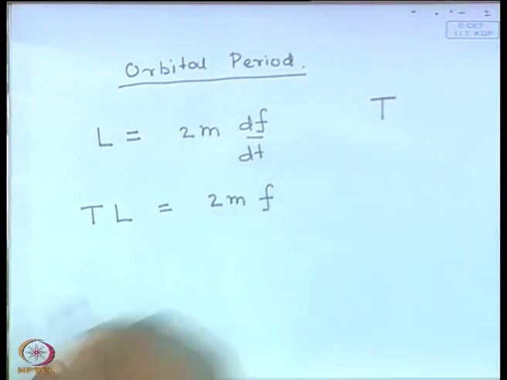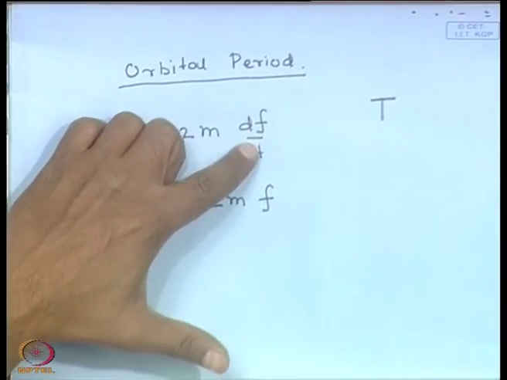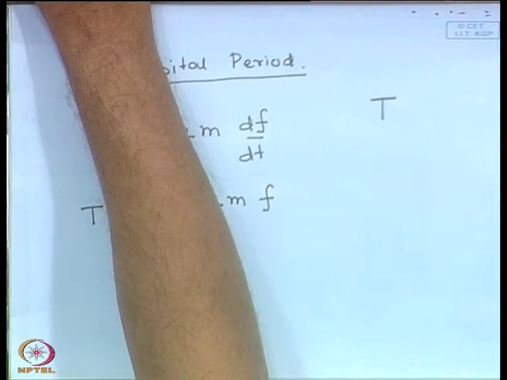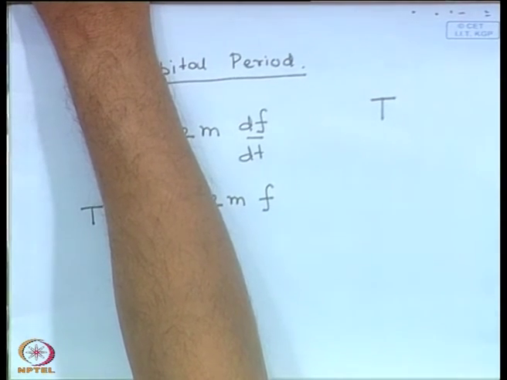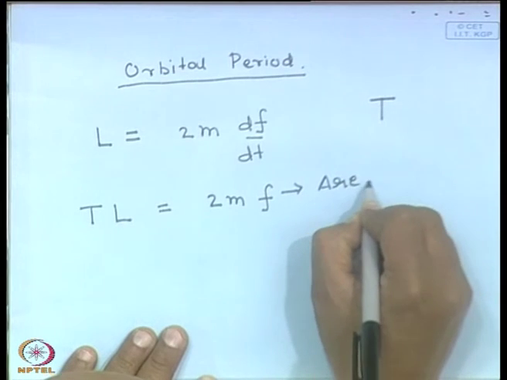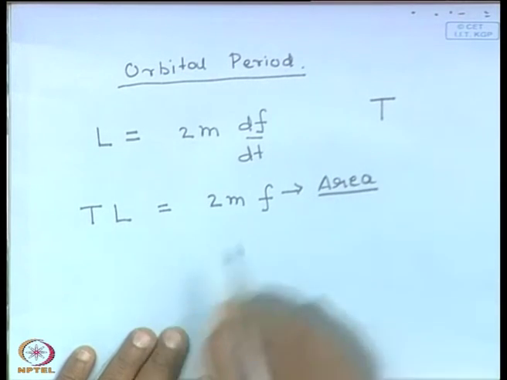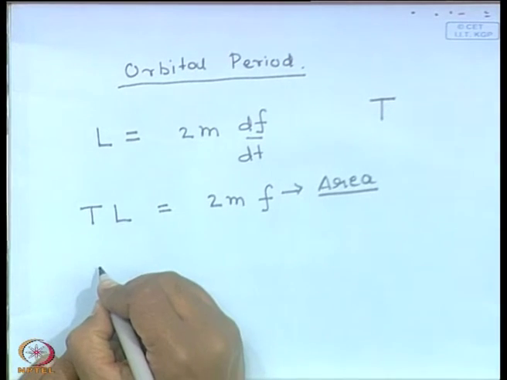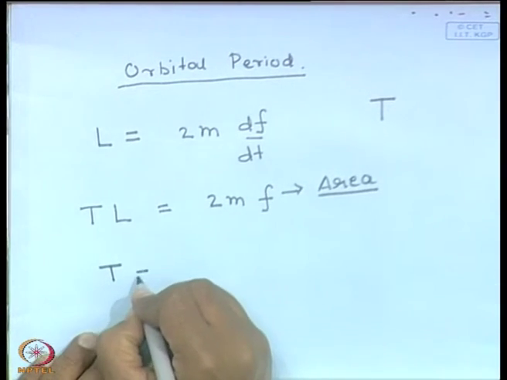This f is the area, right. This is the rate of change of area. So, if I integrate over one whole orbit, I will get the area of the ellipse, right. I will start from here and calculate the area that it subtends at the center. If I integrate over the entire orbit, I will get the area of the ellipse. So, f is the area of the ellipse. And this, okay.